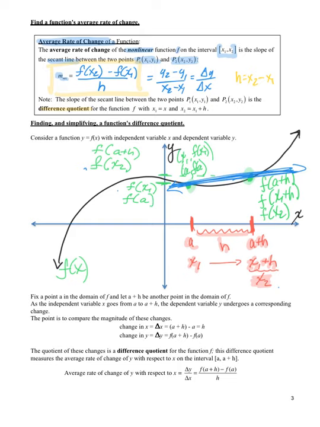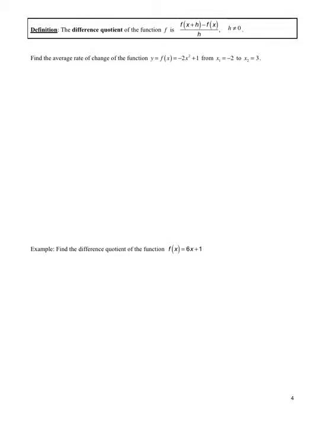So again, average rate of change: change of y over change of x, f of a plus h minus f of a all over our step length h. That's just change of y over change of x. So again, I'm going to say it 5,000 times. The difference quotient, the average rate of change, is just slope of the secant line.